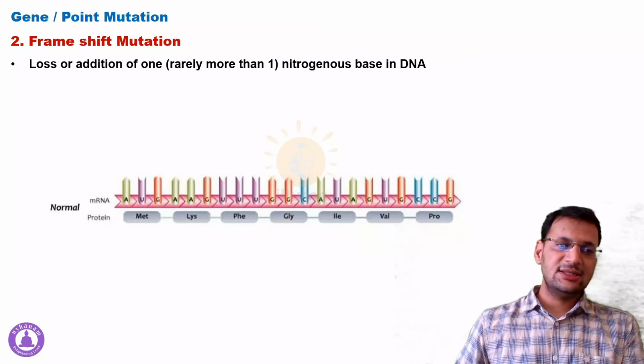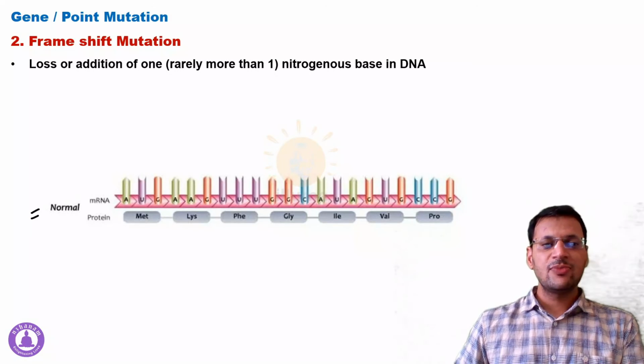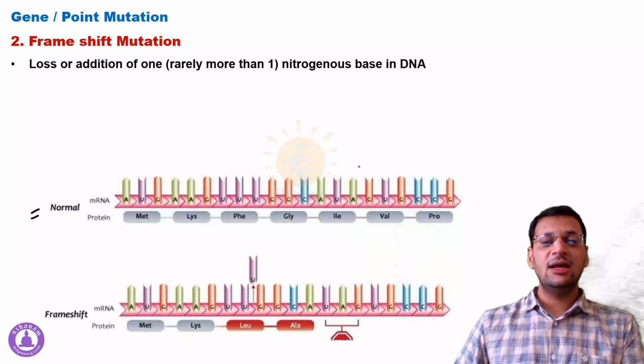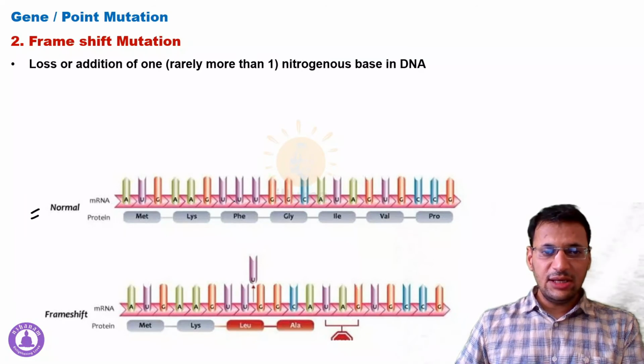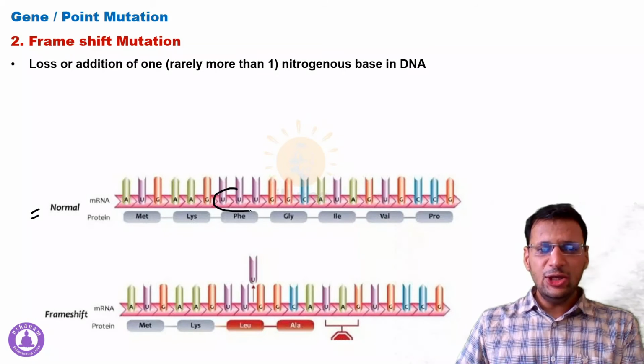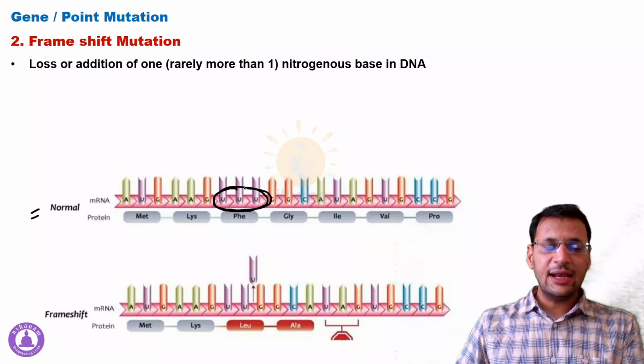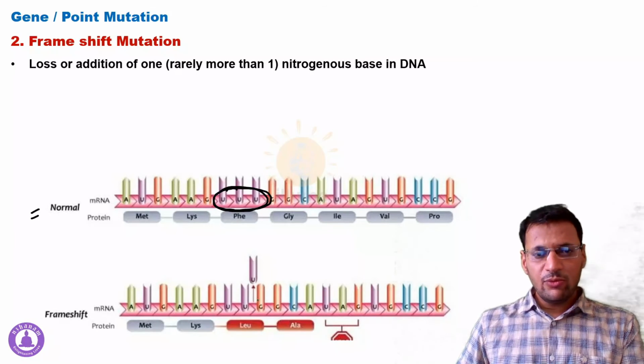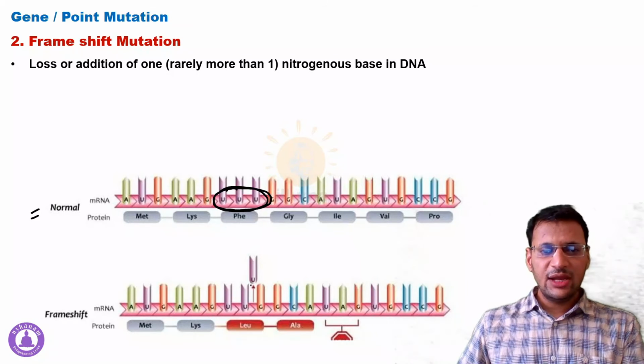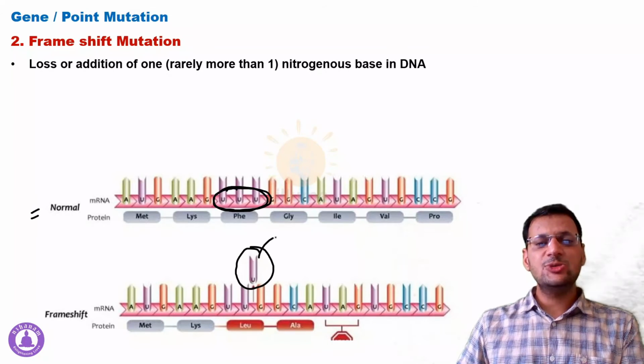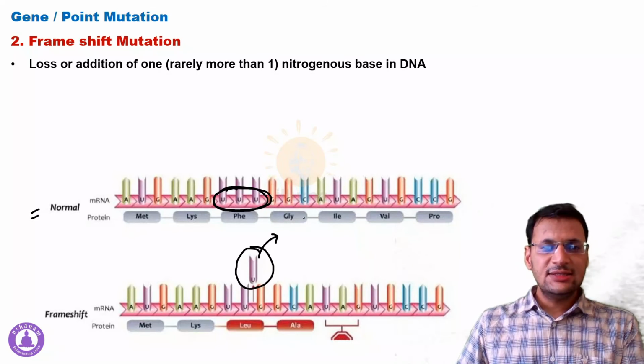This is the normal case, in which this is the mRNA sequence, and because of the mutation, look at this carefully. Three uracils are present in the RNA, and the mutation is deleting one of the uracils. This uracil has been deleted from this sequence.